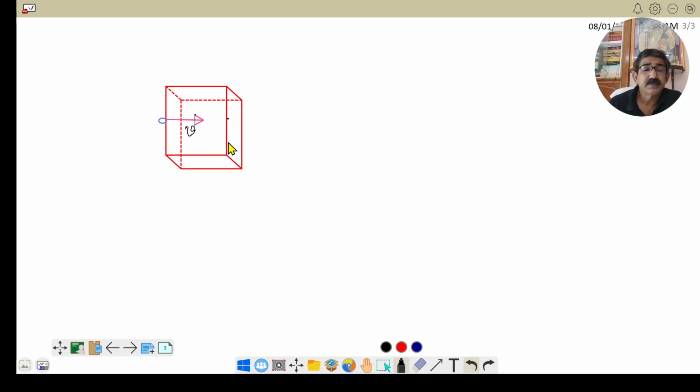Now, somehow it has been prevented by the block. That means when the bullet approaches the opposite end, its velocity becomes 0.